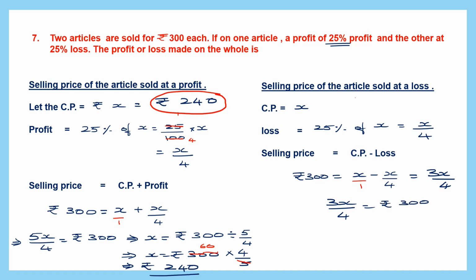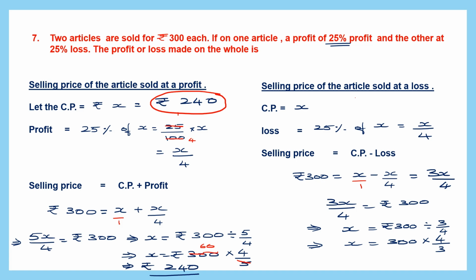Now we can find the value of X. X is equal to 300 rupees divided by, now here we have 3 by 4. So we're going to take it to the other side. So multiplication will now become division, divided by 3 by 4. So this is X is equal to 300 into 4 by 3.